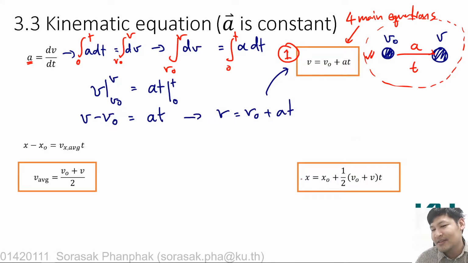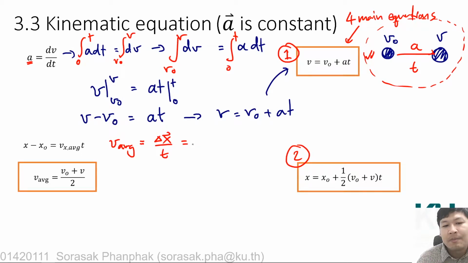You have the relation of the displacement, the terminal and initial velocity, and time. Let's start from the v average. We know the v average is the displacement over the time, or x minus x0 over the time. This is your displacement. You also know that if you would like to average something, you have the initial v and the terminal v, and you divide by 2.